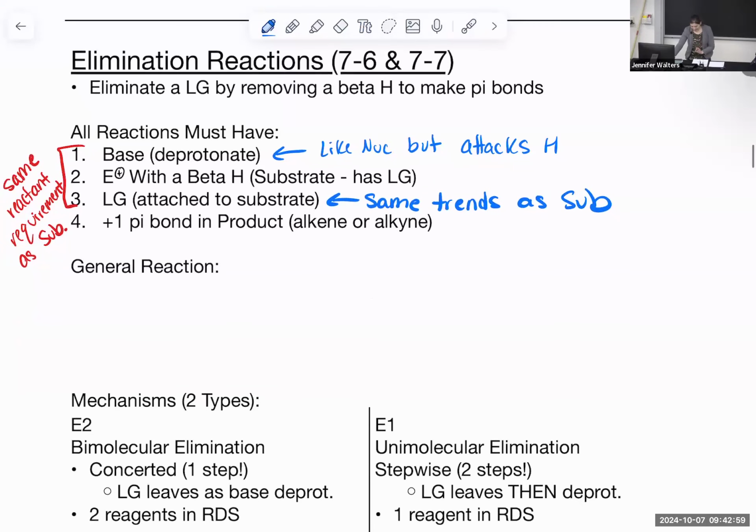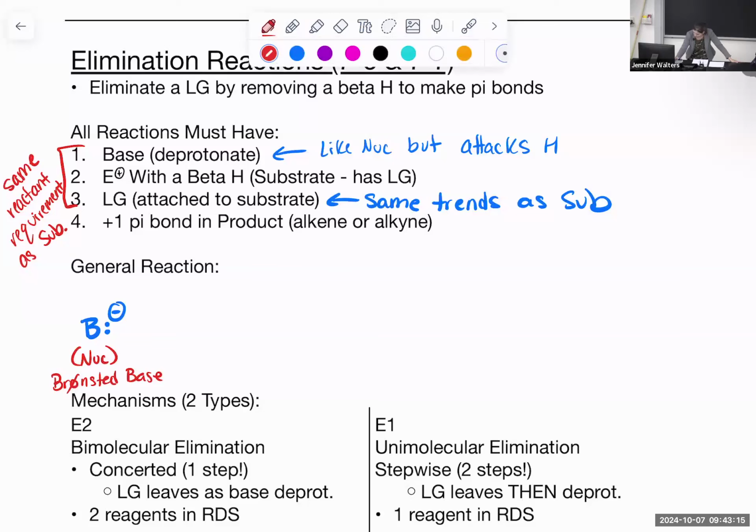So our general reaction is going to be where you have a base. That is the nucleophile or Bronsted base. I'm going to put nucleophile in parentheses because it's not going to attack a carbon. It could if it did substitution, but we're going to consider it a base because it's going to attack a hydrogen.